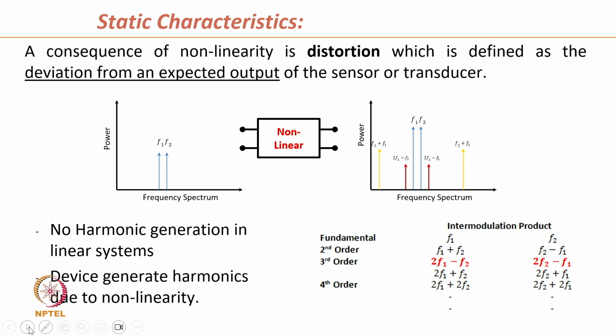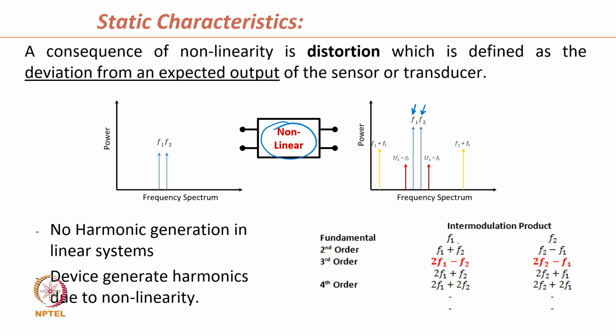However, if we have a non-linear system here, we apply only two frequencies, but because of the non-linearity the system will generate harmonics. Harmonics are integer multiples of the input frequencies. So, at the output we get f1 and f2 and we get harmonics as well.